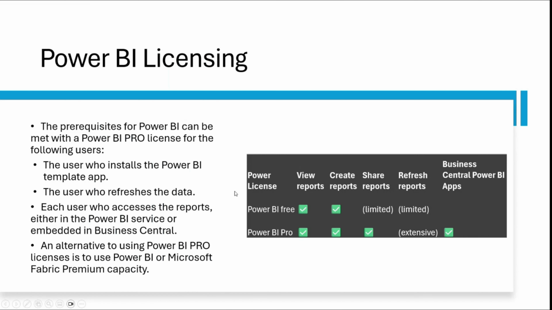Now, if we go further, you can see there are two types of licenses for Power BI. One is the Power BI free license and one is the Power BI Pro license. With the free license, you can view reports, create reports, and share reports.